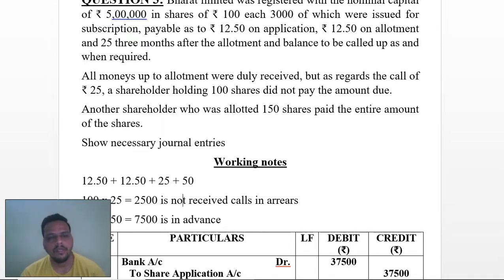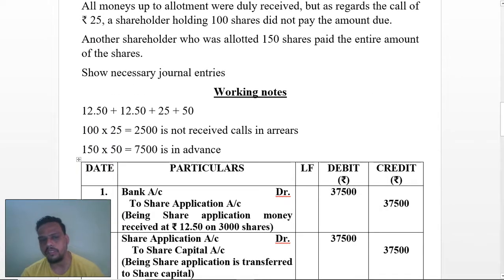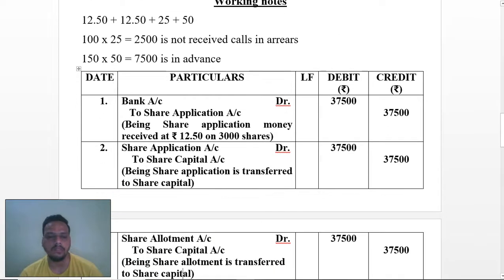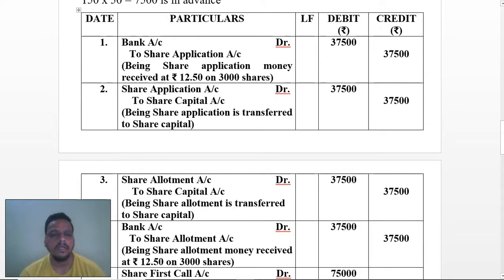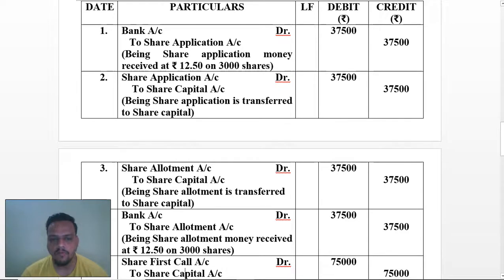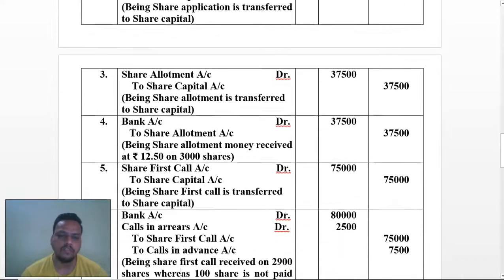Now I have mentioned in the question itself that 100 shares were not paying rupees 25, and in another part it has been mentioned that a 150 shareholder is paying all the amount which is remaining. He paid extra 50 rupees, 7,500 in advance. Then we are going with the entries, as the entries have been carried forward. Till allotment the entries remain the same, whereas from first call there is a little bit of change.